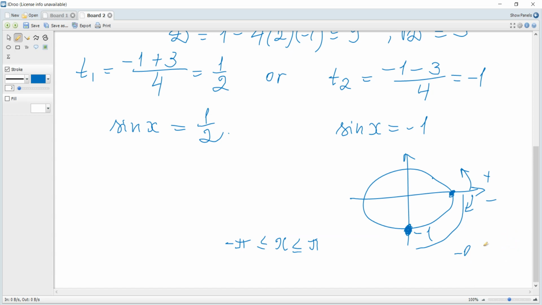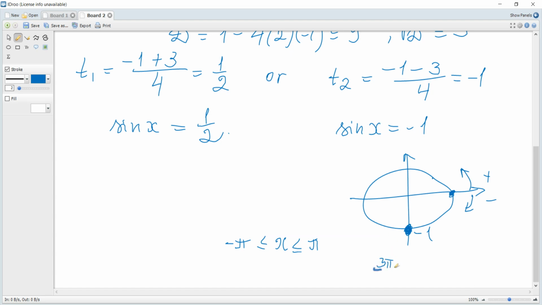In general it's negative pi over 2 plus any number of full revolutions, so the general solution is negative pi over 2 plus 2 pi k, where k is any integer, but if k is 1, it will be greater than pi, so definitely there is only one solution from a given region. Or you may write this solution as 3 pi over 2, or 270 degrees, if it would be in degrees.